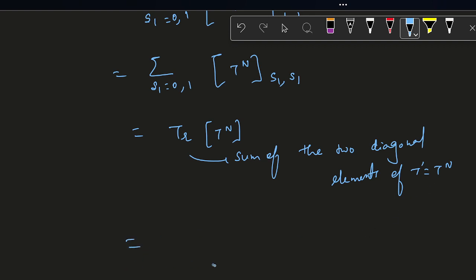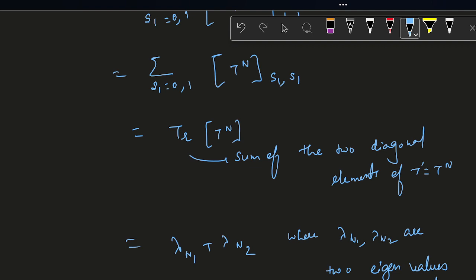So now you know from math physics rules that if, let's say, your T to the power n matrix has two eigenvalues, lambda n1 and lambda n2, so your trace will be lambda n1 plus lambda n2, where lambda n1 and lambda n2 are the two eigenvalues of the T to the power n matrix.